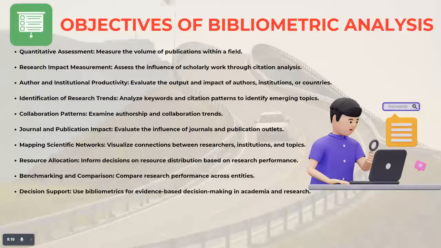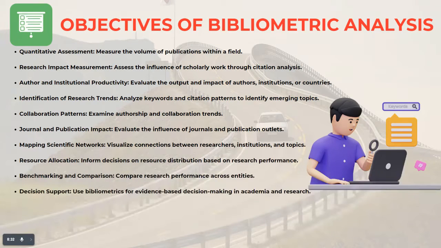Then, if we want to know the identification of the research trend, yes, this is one of the objectives that I want to know, right? Then I also want to know the collaboration pattern, the journal and publication impact, and the mapping of scientific networks. That we can do by using various software in the market.